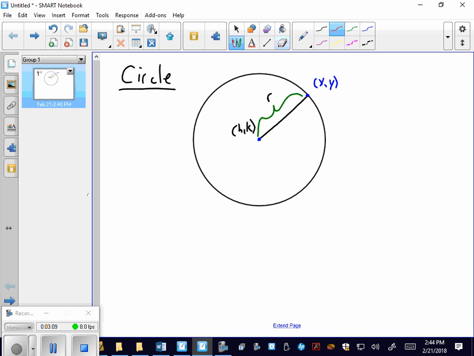And the idea was, if I take the horizontal change of my x values and the vertical change of my y values, it creates a right triangle, where this over here would be A, this over here would be B, and then up there where the R is would be C, but we're not going to call these A and B in this case.